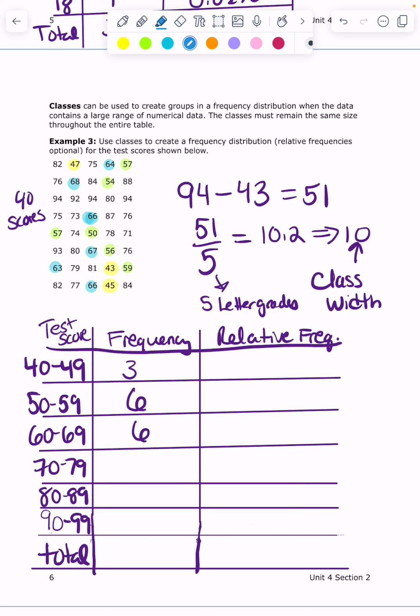All right, we're in 70s. A whole bunch of those. 1, 2, 3, 4, 5, 6, 7, 8, 9, 10, 11 70s, unless I find more later. All right, 80s. 1, 2, 3, 4, 5, 6, 7, 8, 9. The only thing I should have left now are the 90s.